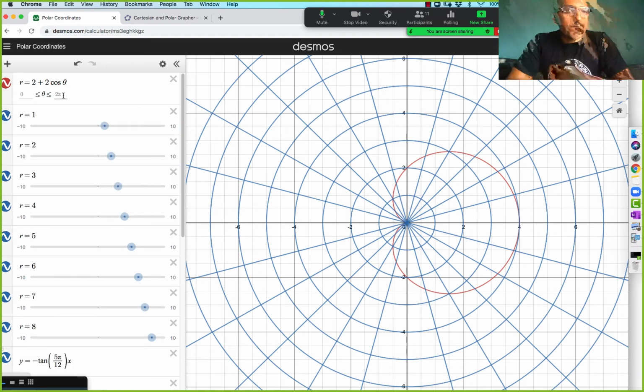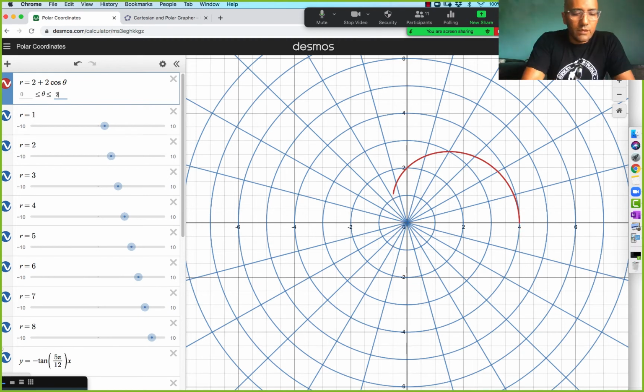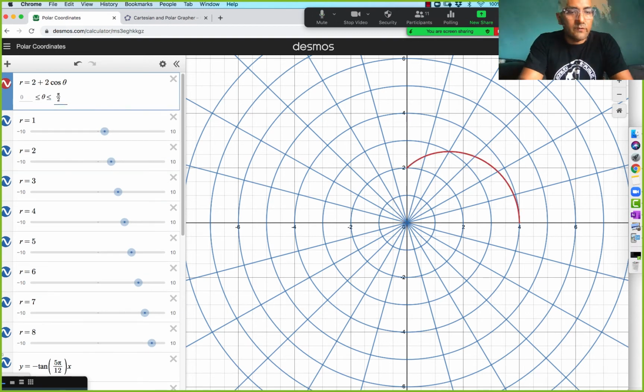Okay, what we could do though is play with this thing. 2 pi. Okay, so if this just went from 0 to pi over 2, we can at least get that this is the part that gets graphed when theta ranges from 0 to pi over 2.